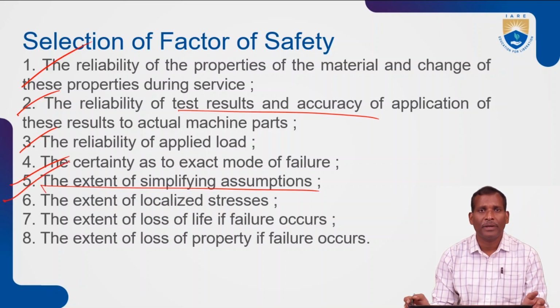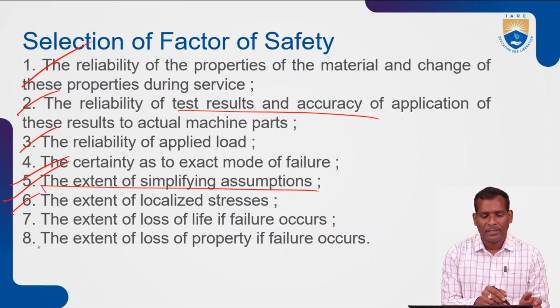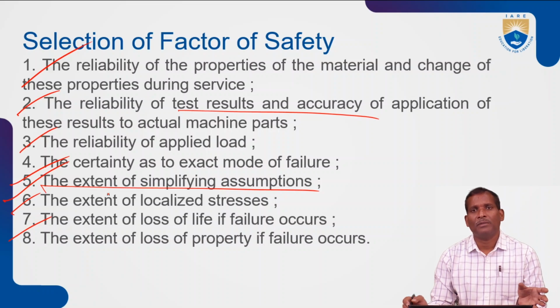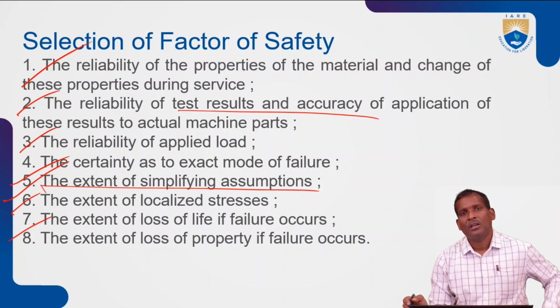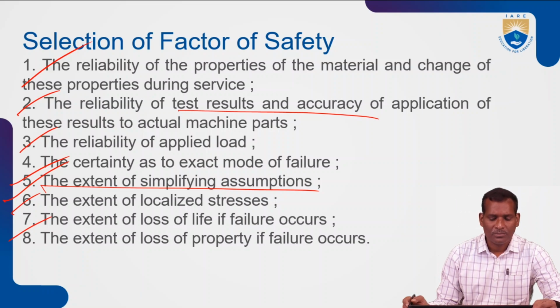If any assumptions are made, you should consider their extent. The extent of localized stresses, and then the extent of loss of life if failure occurs. Suppose failure occurs, so what is the loss?